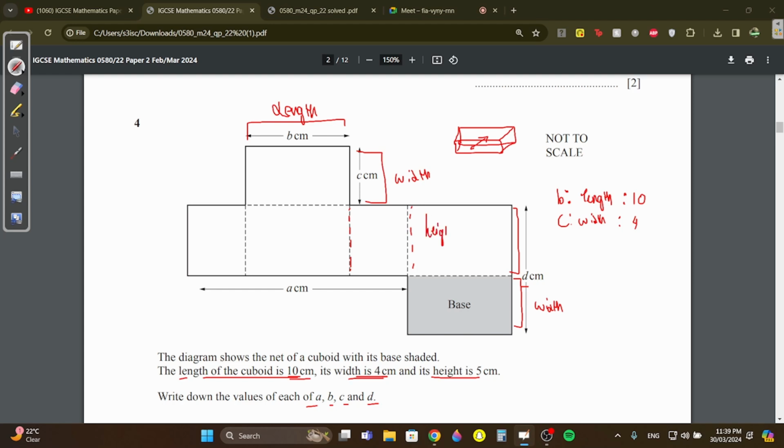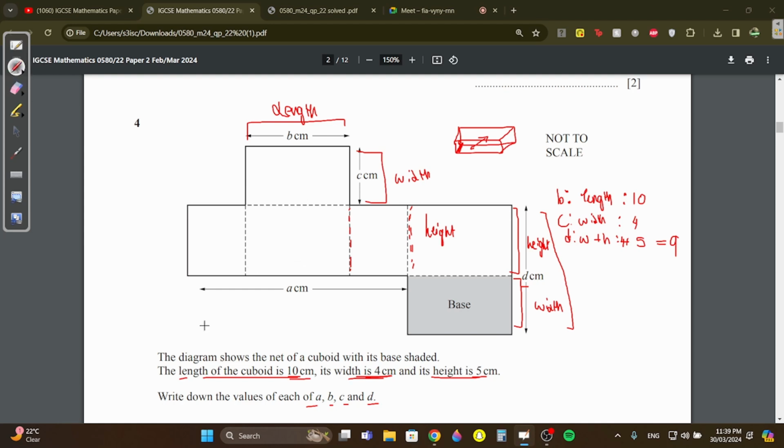This is the height. So D is the width plus the height. We know what the width is, which is 4, and we also know the height is 5. So 4 plus 5, which is 9. So D is 9.